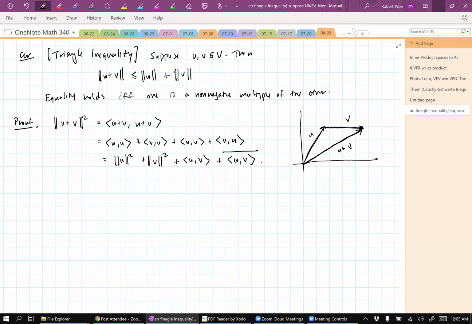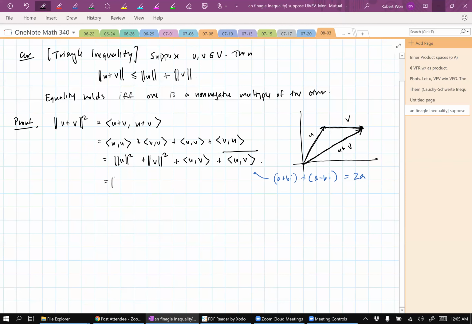But what is this nonsense? If the inner product of u and v is a plus bi, what you'll get is a plus bi plus a minus bi. That's what happens when you add a complex number to its complex conjugate. You just get 2a.